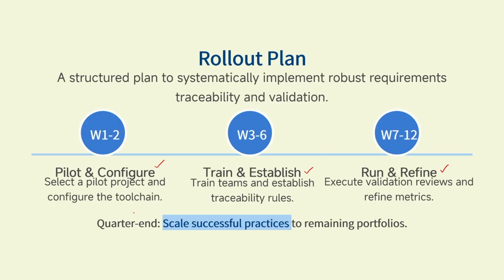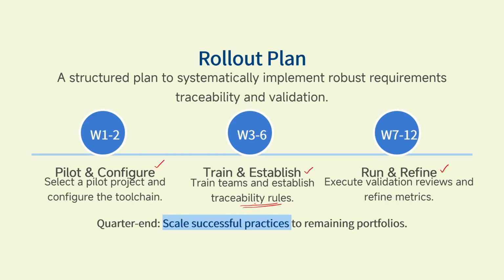Second is train and establish, where we have to train the teams and establish the traceability rules. Traceability rules are something like, when there is a change in one functional requirement, whether it is going to influence another functional requirement or any non-functional requirement or not. Okay. So this is the idea. That impact will be high, low, medium, something like that.